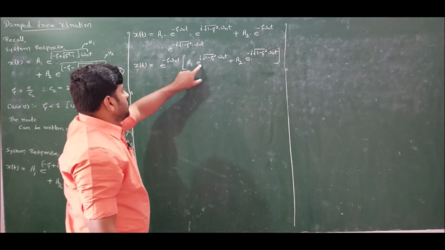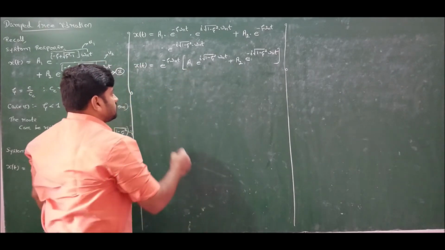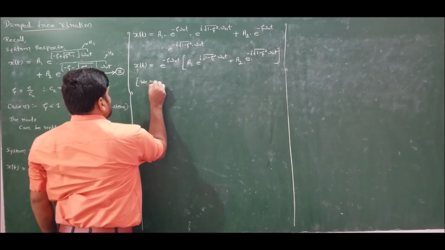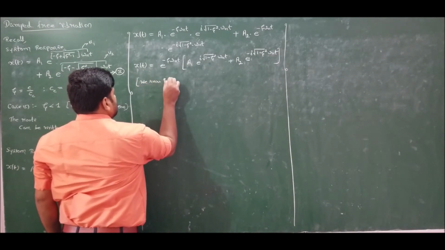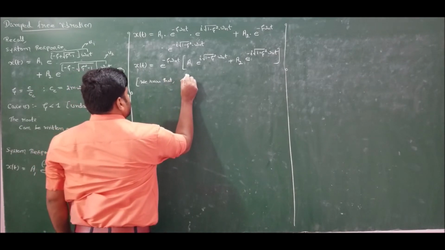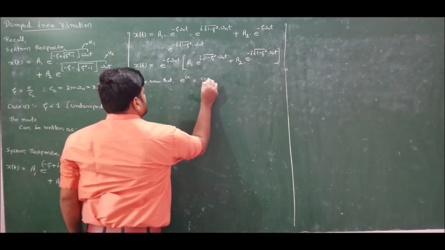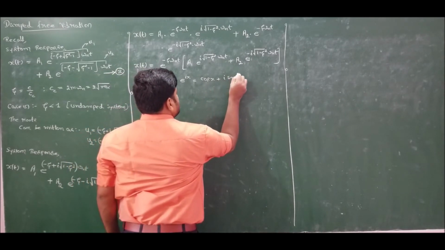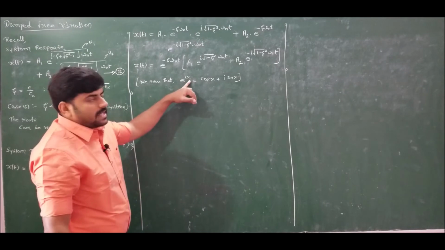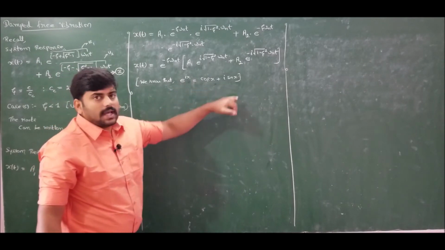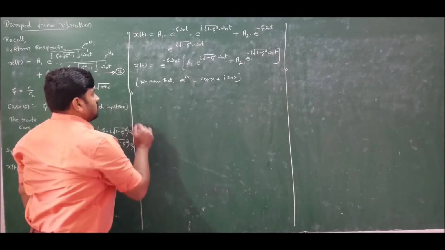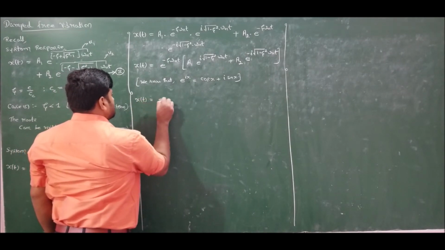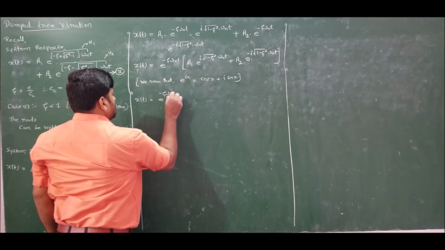This is of the form e to the power of ix. Now you already know that e to the power of ix can be written as cos x plus I sin x. Similarly, e to the power of minus ix can be written as cos x minus I sin x.